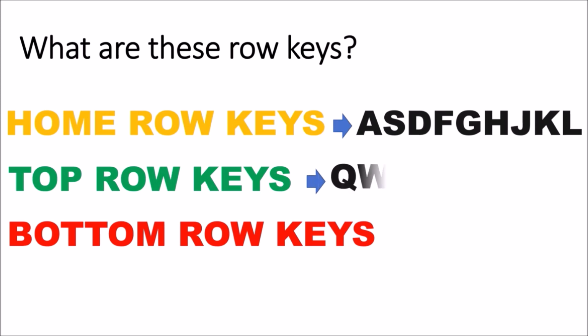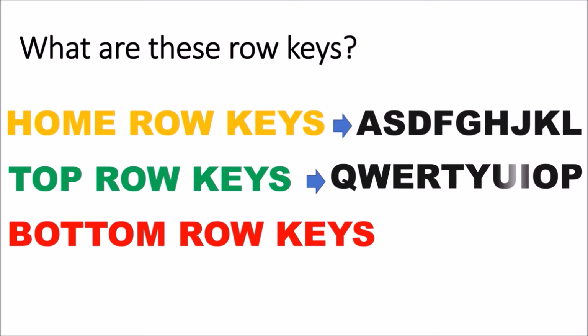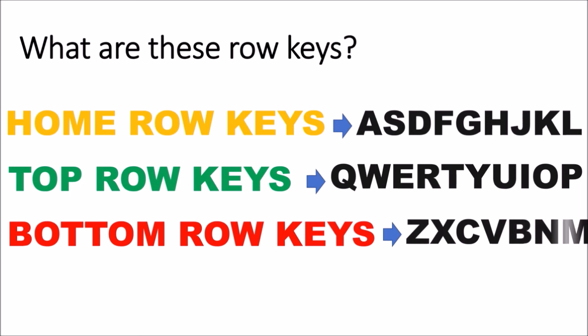We'll start with Q, W, E, R, T, Y, U, I, O, P. And lastly, what about the bottom row keys? What are these letters that belong to the bottom row keys? We have Z, X, C, V, B, N, M.